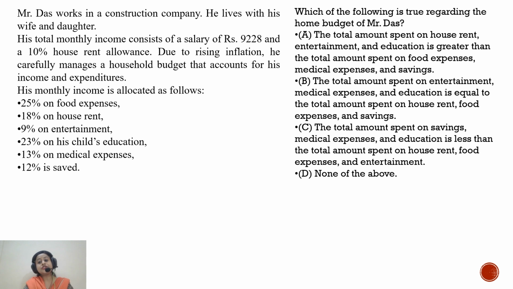Next question is, which of the following is true regarding the home budget of Mr. Das? There are multiple options given, and you have to find out the true statement. The first option is, the total amount spent on house rent, entertainment and education is greater than the total amount spent on food expenses, medical expenses and savings.